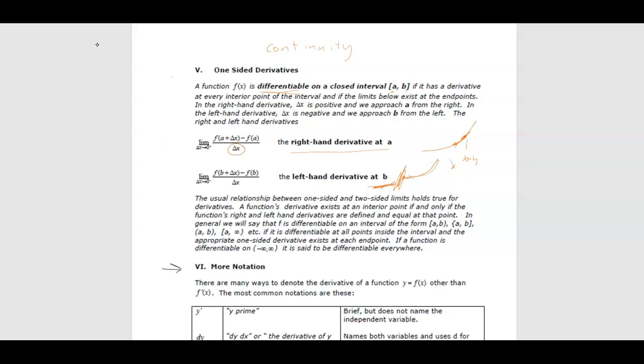The bottom line is if you have a point of discontinuity, a step discontinuity, or a place where you have a hole, the limit doesn't exist there, so you don't have a derivative there. You have to be continuous to have a derivative.